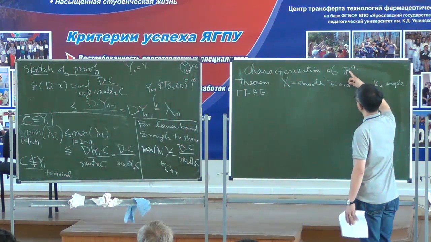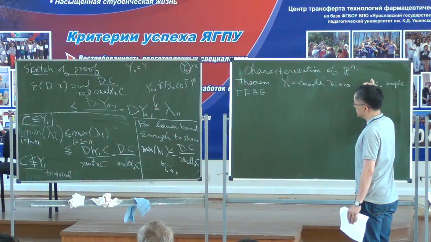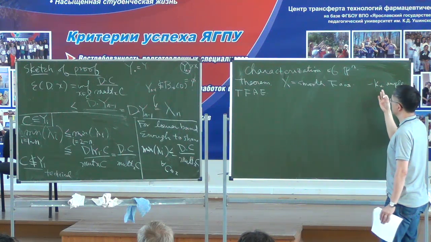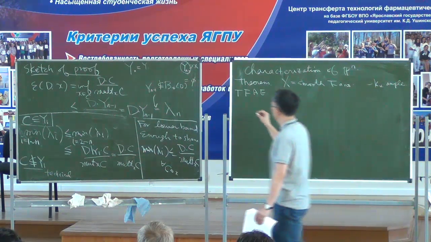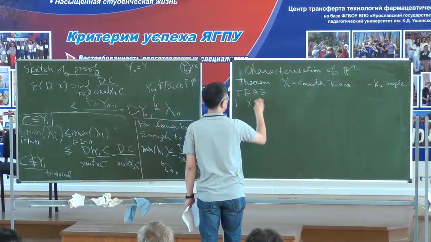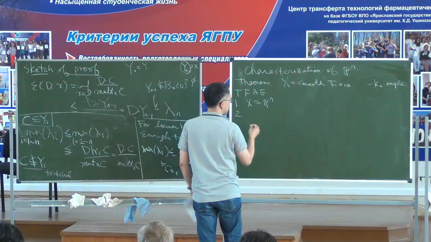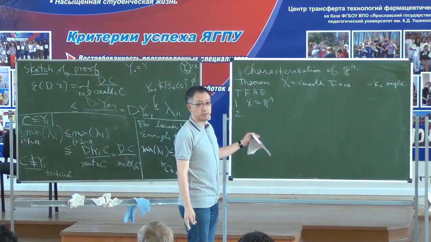So P^n is the simplest Fano variety in some sense. So the Okounkov body of this minus K_X must also have the simplest structure. Okay, so X is P^n. What is the simplest Okounkov body you can have? It's just a simplex.